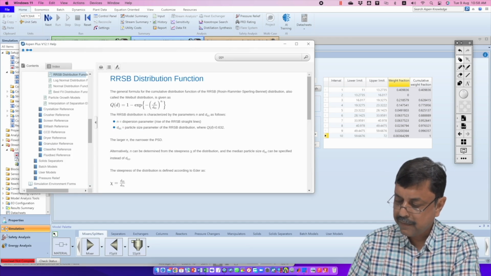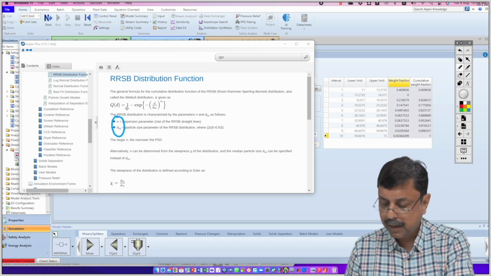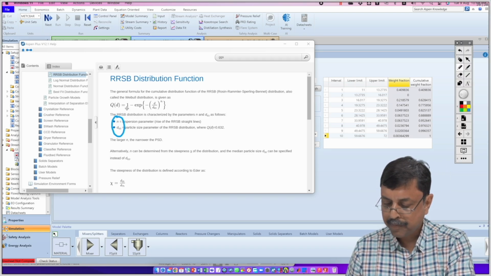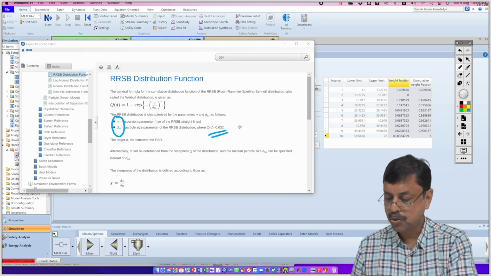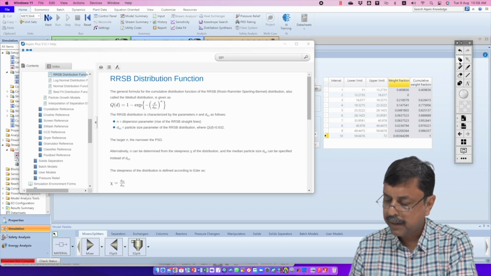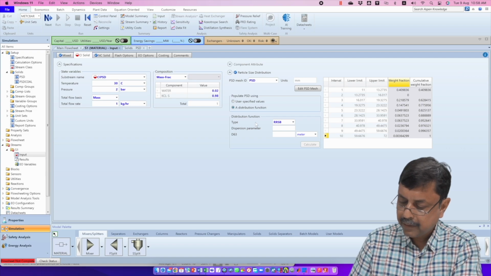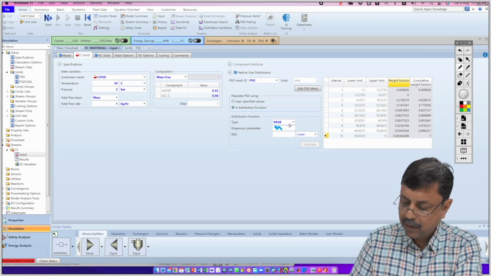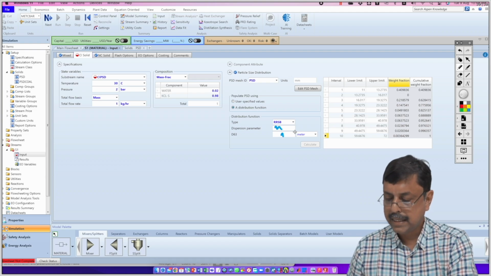So here we have two things. One is n, that is the dispersion parameter, another is d63, the particle size diameter of RRSB distribution, where Q of d is equal to 0.632. So you have to mention this n and d63 over here. So this is the place where you put the value of n, and this is the place where you have to put the value of d63.